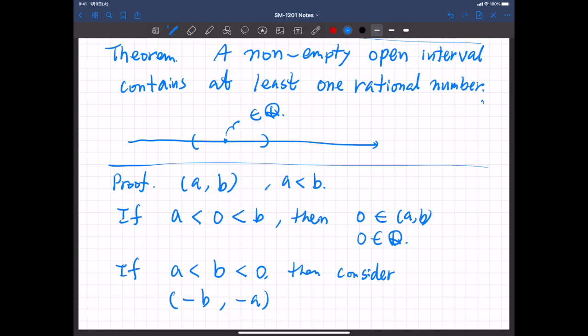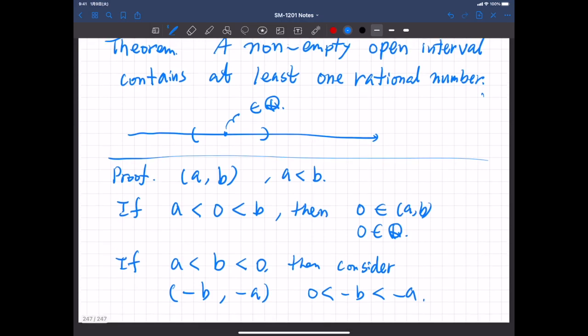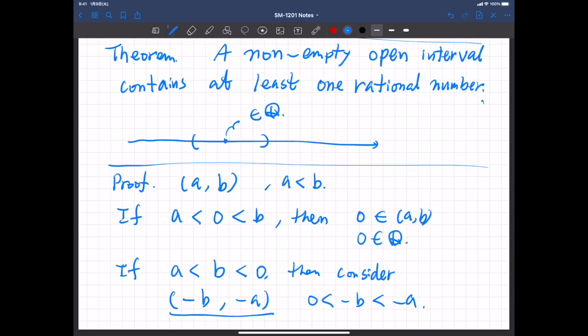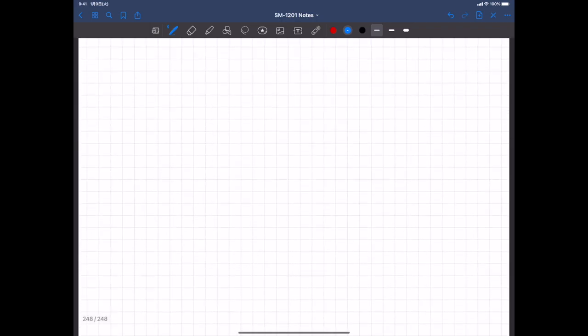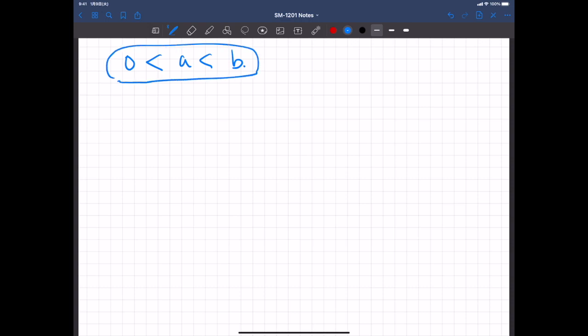So they are both positive. If this interval contains a rational number, then the original interval also contains a rational number, which is the negative of that rational number. So after all, we need to prove the case of both positive a and b. It is sufficient if we prove for this case.